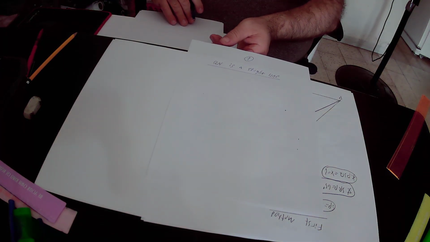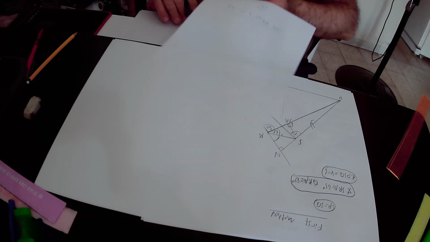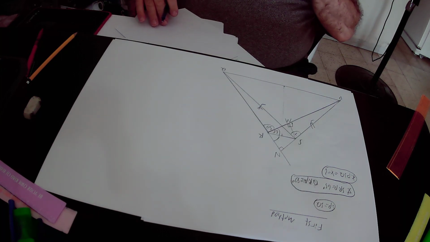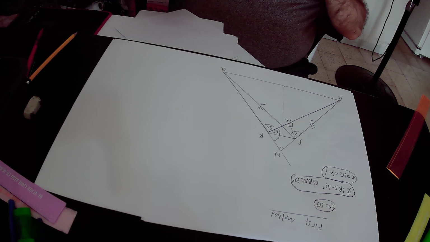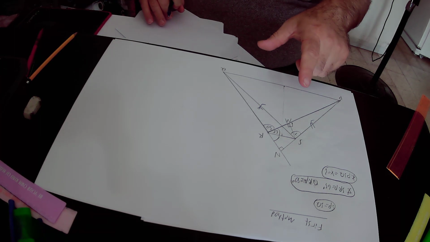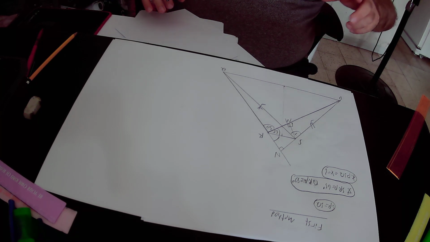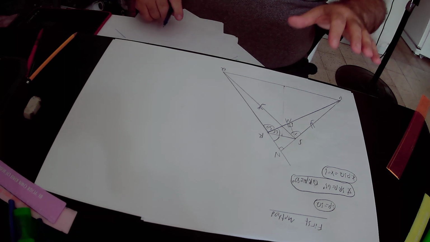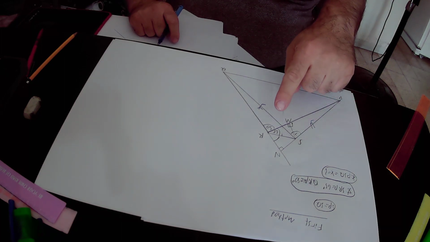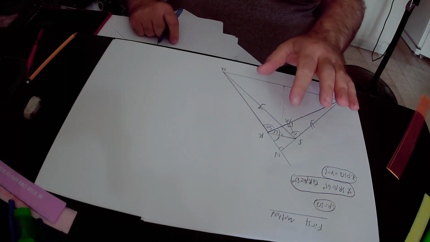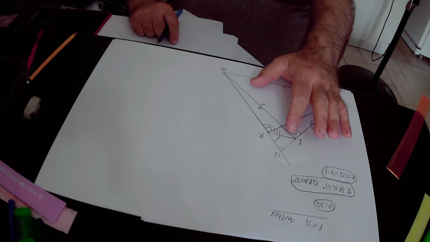We have the rule that the sum of the angles on one side of a straight line equals 180 degrees. So if we focus on point R, on this side of the straight line QN, then the sum of the angles at point R must equal 180 degrees.